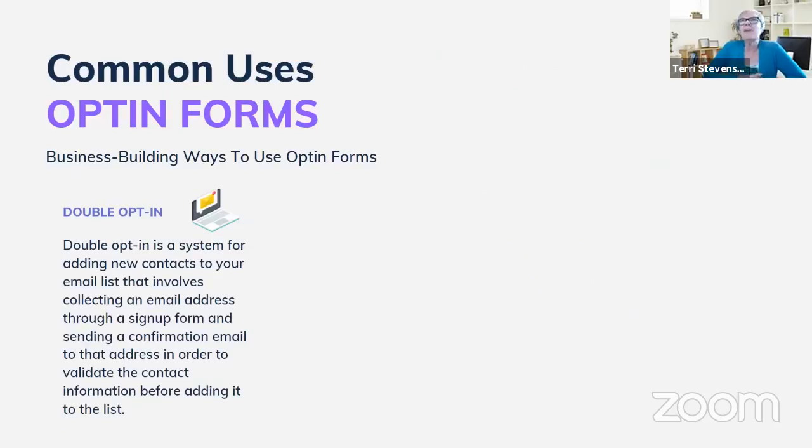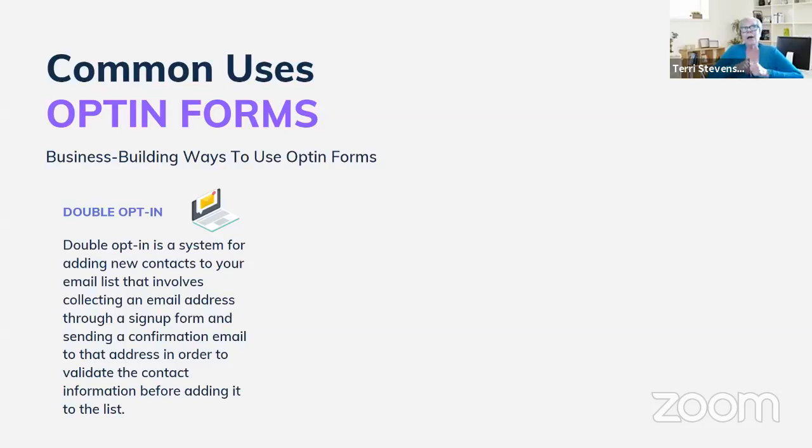Now, we're going to be talking an awful lot about forms. Forms can be kind of confusing to some people, and here's where I really want you to take some time and understand the terms that we're using and how they relate. What's a double opt-in? We cover this all the time. And why is that important?